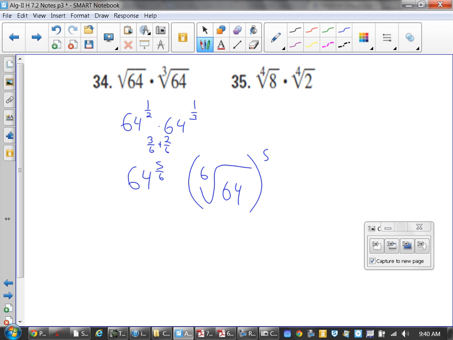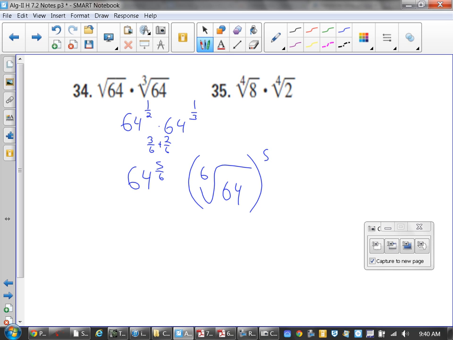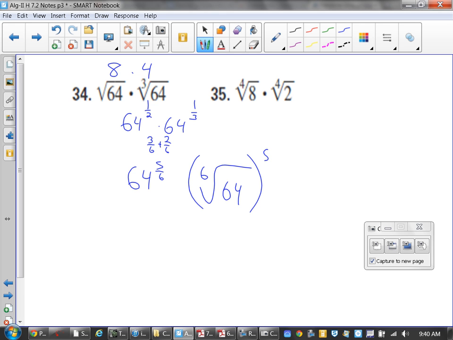What they're doing here is, this is 8, and that was 4. You get the same thing. That's what I did. It's fine. I used my calculator, because when we start to mix these up, I'm just trying to show you guys that the more you get comfortable using the fractional ones, it's going to be all right.